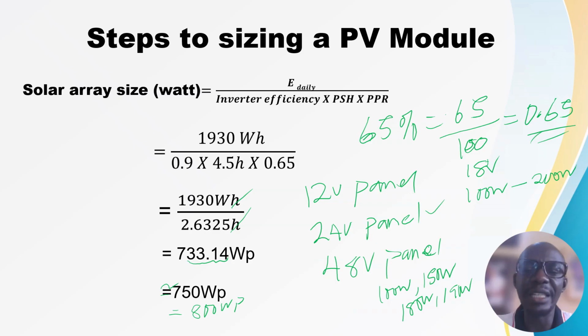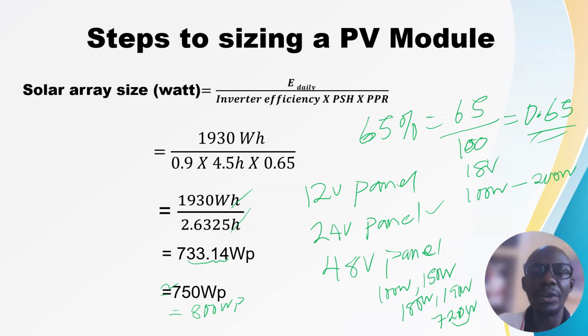We have presently some high rated panel of 720 watts, single panel. And these ones are more 48-volt panel because their VOC is higher, some to 50, 55 volts. Hope you got it.